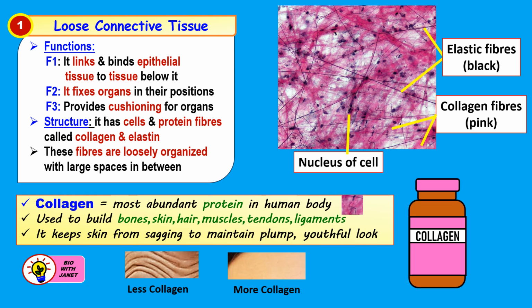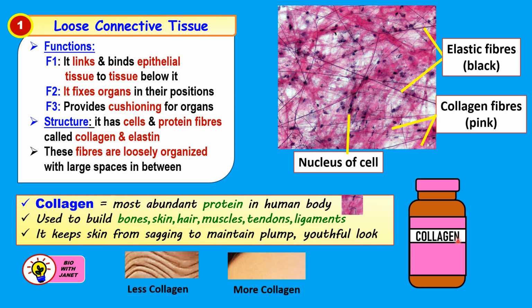Okay, for example, this picture shows the forehead of an old person. You can see a lot of wrinkles here. So older people produce less collagen. That's why the wrinkles start to form on the skin, right? Whereas younger people produce more collagen, and this collagen helps to maintain the plump, youthful look. Okay, so the forehead here has no wrinkles, right, in a young person.